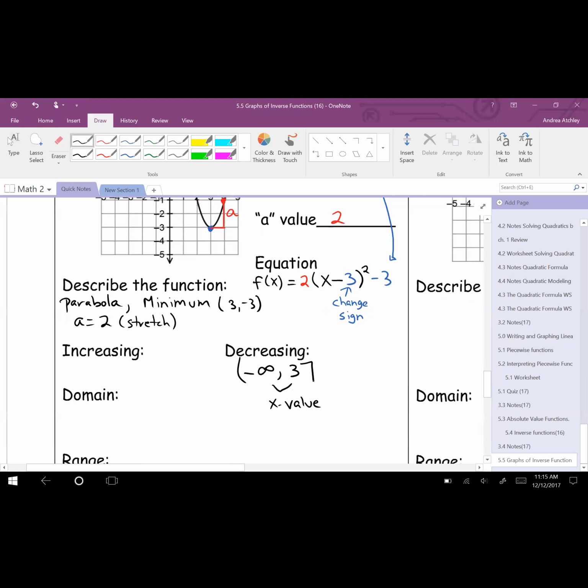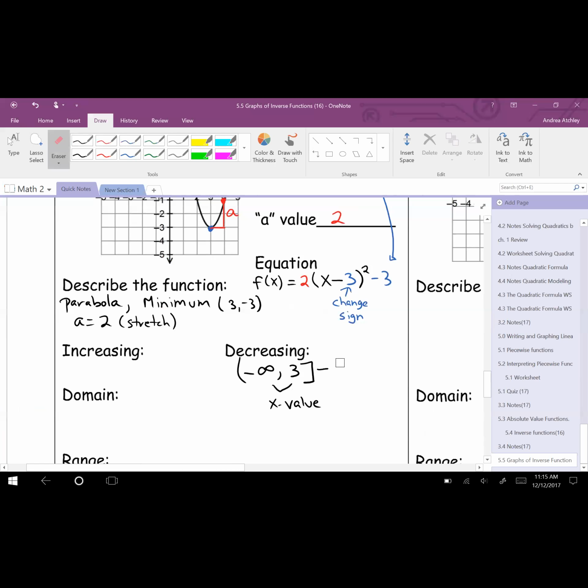And this can be a bracket because it can equal 3. That's what the bracket means. It means it can equal 3. Oh, wait. No. I'm thinking domain all of a sudden. Is it increasing at 3?